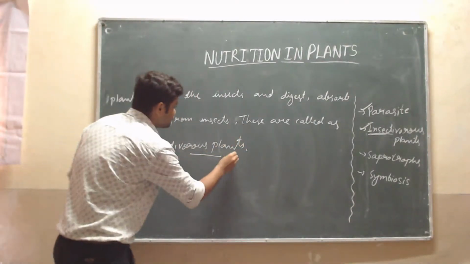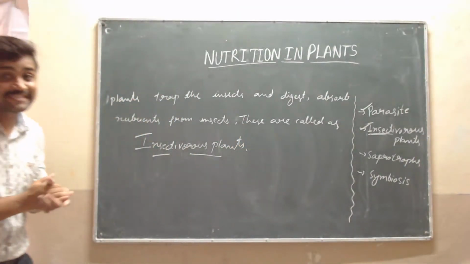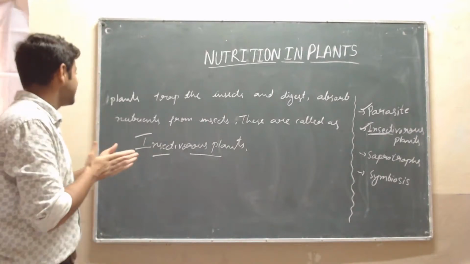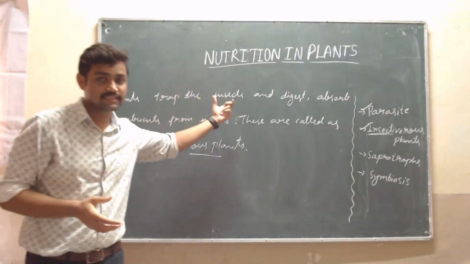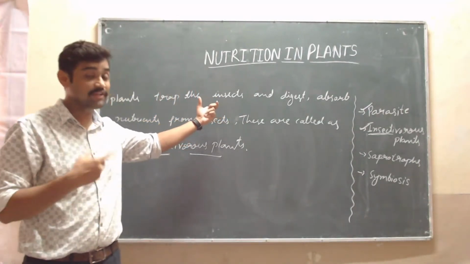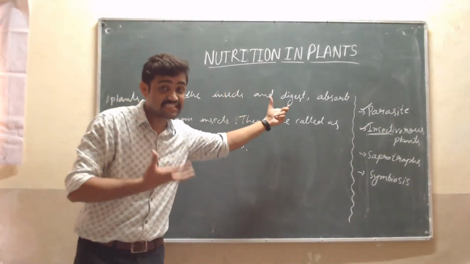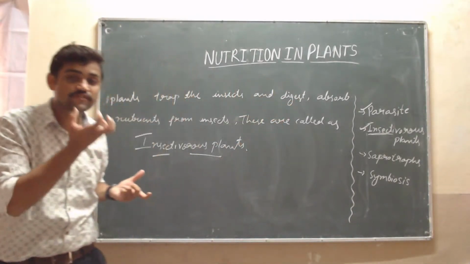See what happens. Some plants are non-vegetarian, is it? Sir, non-vegetarian, carnivorous, like that. See, plants trap the insects. How do they trap? I will explain with one example. Plants trap the insects, digest them and absorb the nutrients from that.